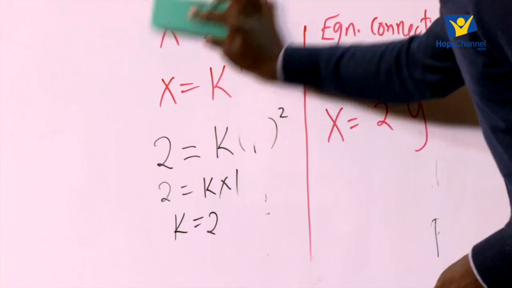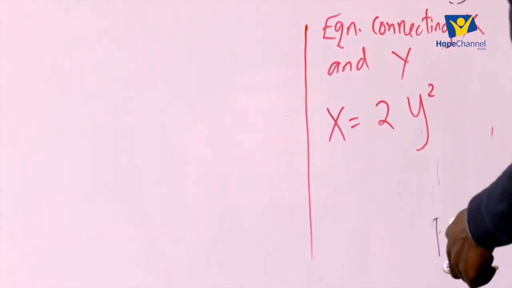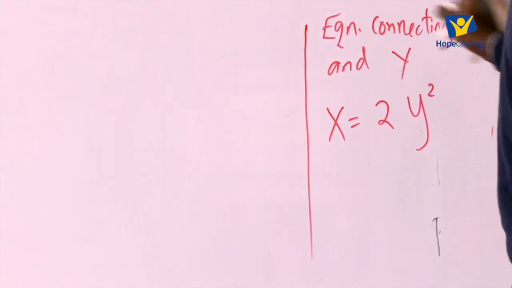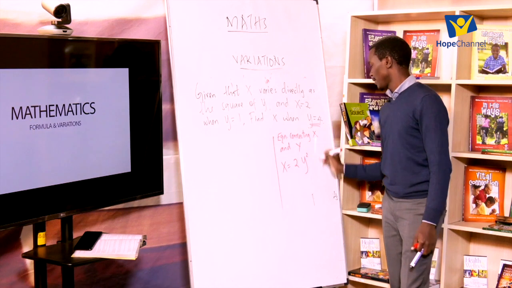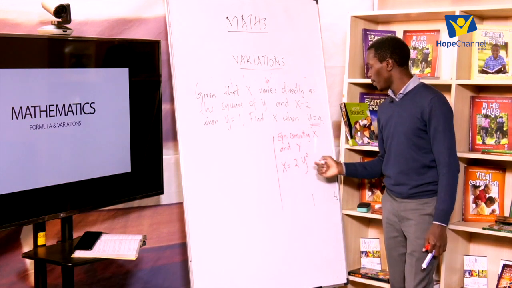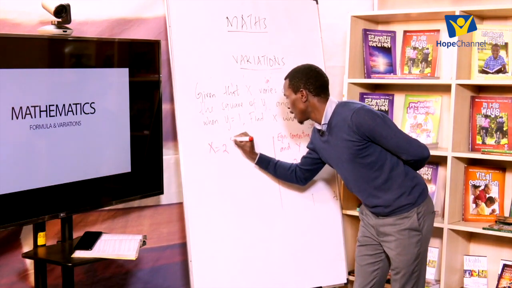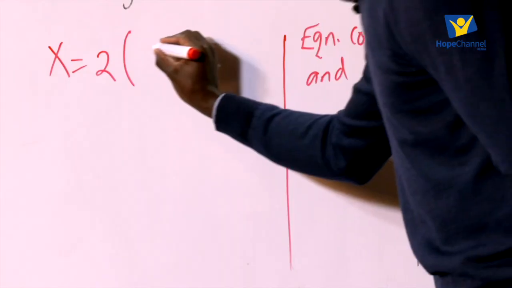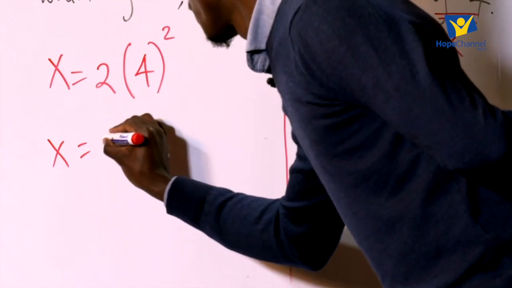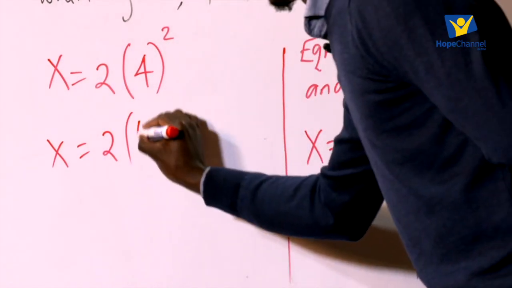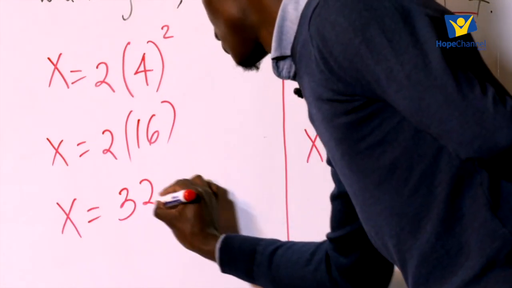So we now answer the question. Find x when y is equal to 4. We substitute y with 4, so x is equal to 2 into 4 squared. 4 squared is 16, so the answer will be 16 times 2, which is 32.